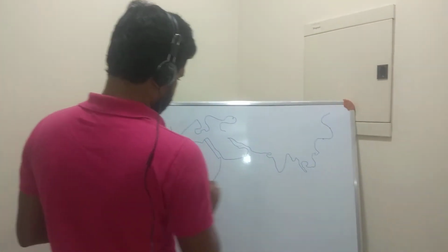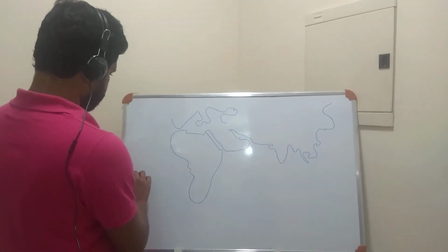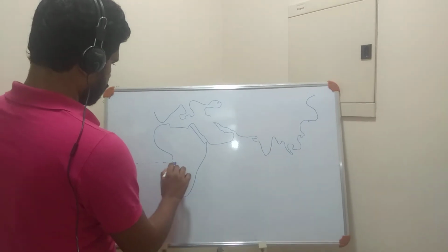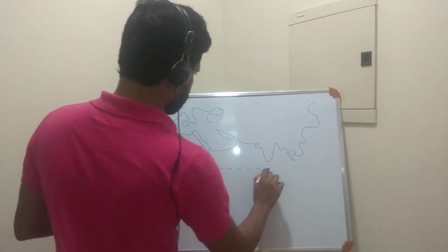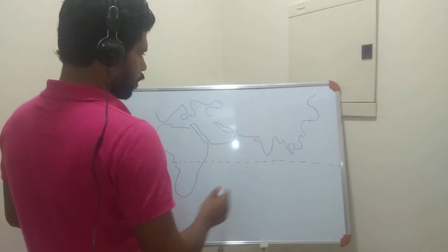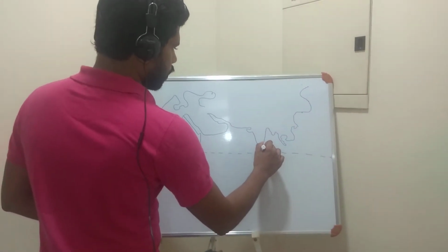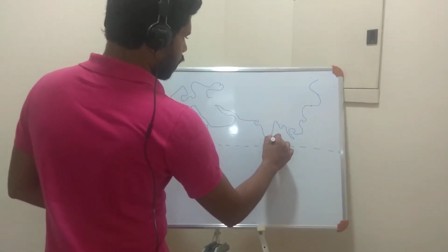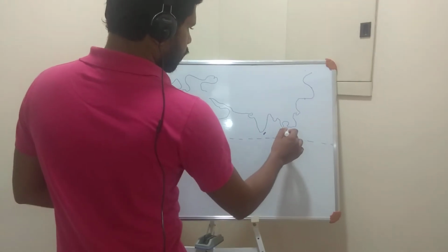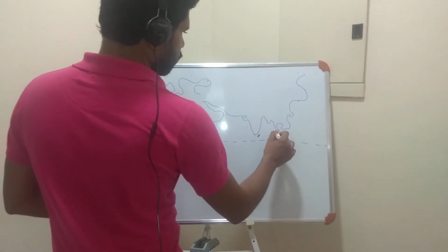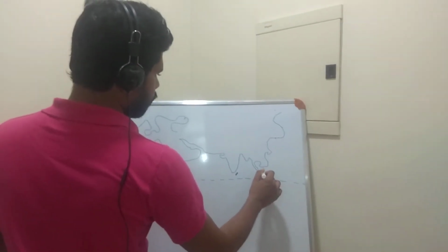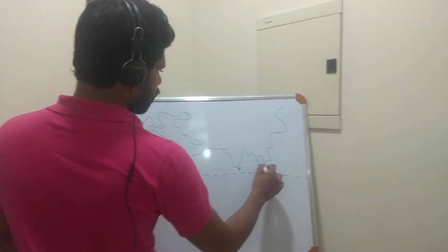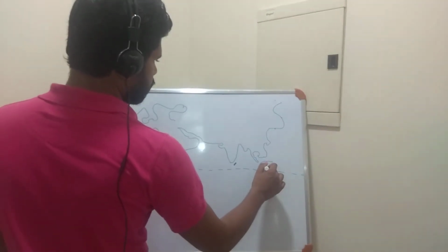So now if you look at the equator, it will approximately be going down just like this, right? And to give a little respect to Sri Lanka, you can give the Sri Lankan region here. And if you look at this region, on the other side you have other islands. Borneo is here.